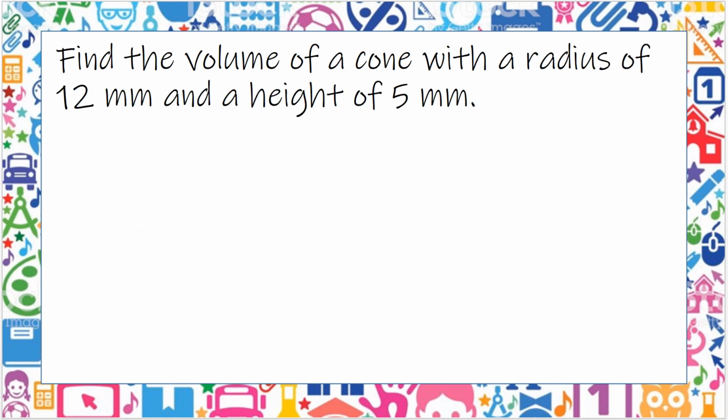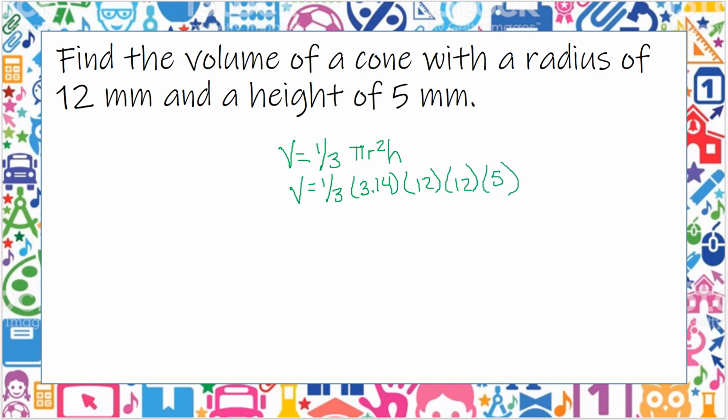Find the volume of a cone with a radius of 12 millimeters and a height of 5. So it's 1/3 pi r squared times the height. They said the radius was 12. So I'm going to say 12 times 12 times the height is 5.